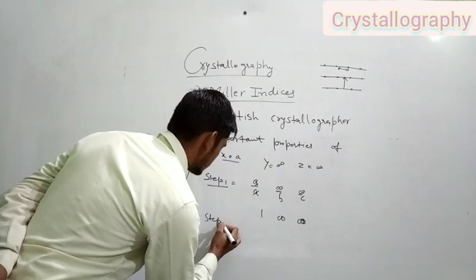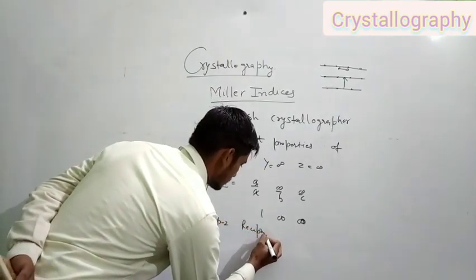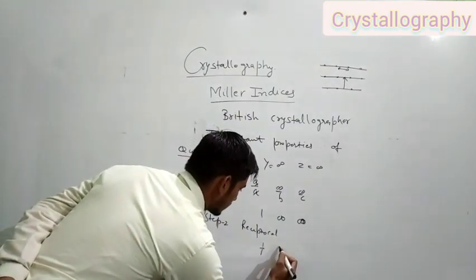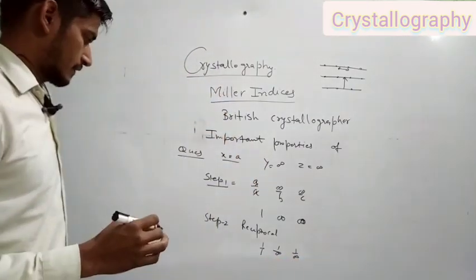Step 2, reciprocal: 1 by 1, 1 by infinite, 1 by infinite.